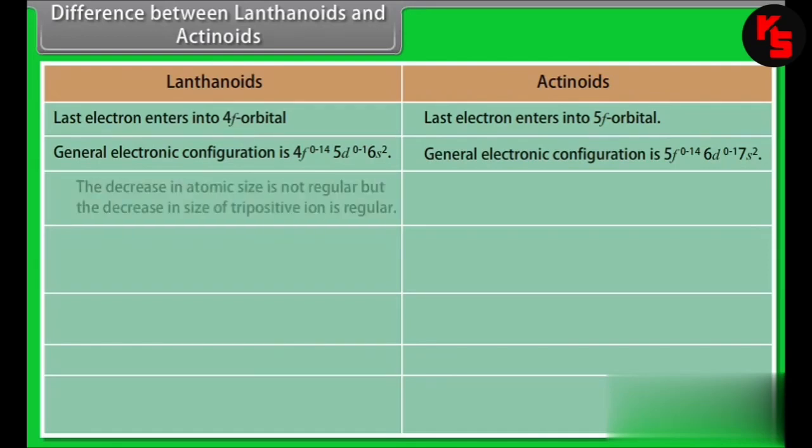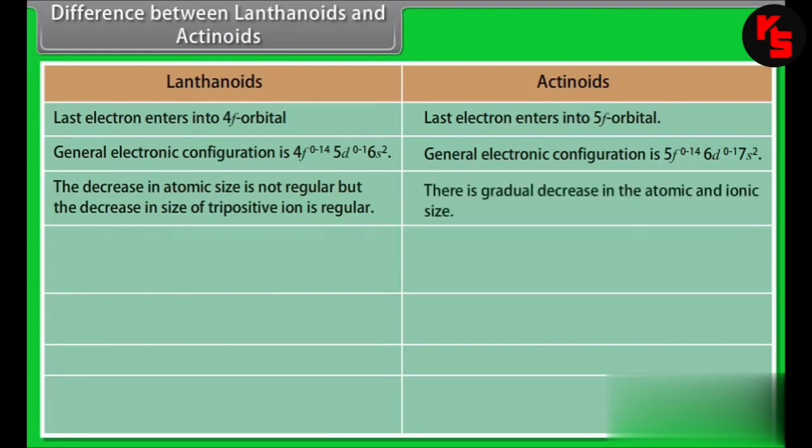In lanthanoids, the decrease in atomic size is not regular, but the decrease in size of tripositive ion is regular. Whereas in actinoids, there is gradual decrease in the atomic and ionic size.